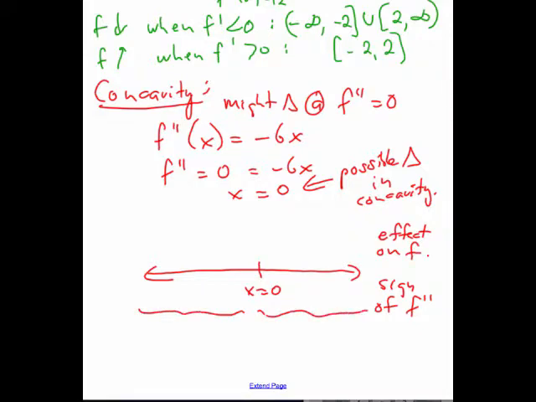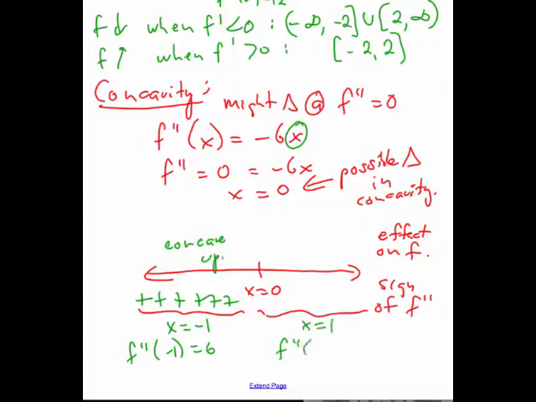Alright, so I've got two intervals to test. Let's test x equals -1 in my second derivative. F double prime of -1 would be 6, which means we get a positive second derivative. And if I look back at what I talked about earlier, that means the original graph in this section is concave up. And at x equals 1, the second derivative would be -6.